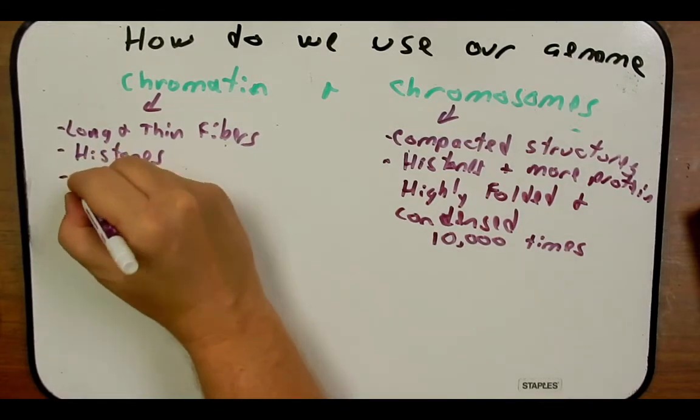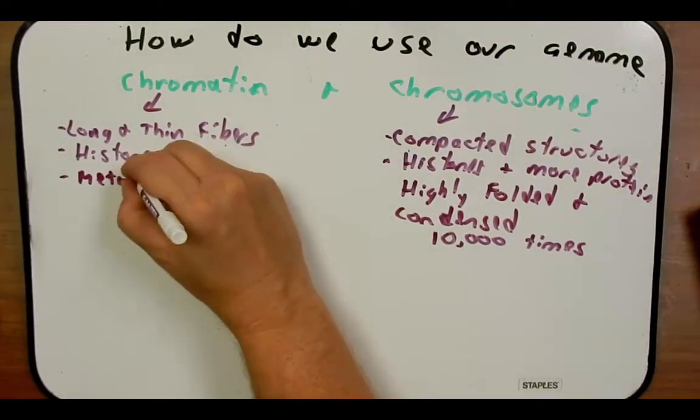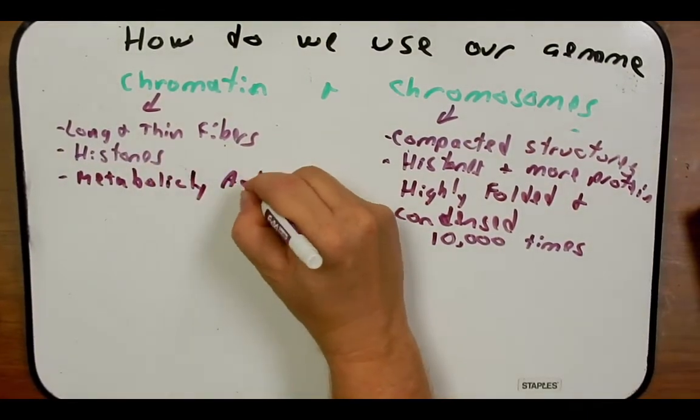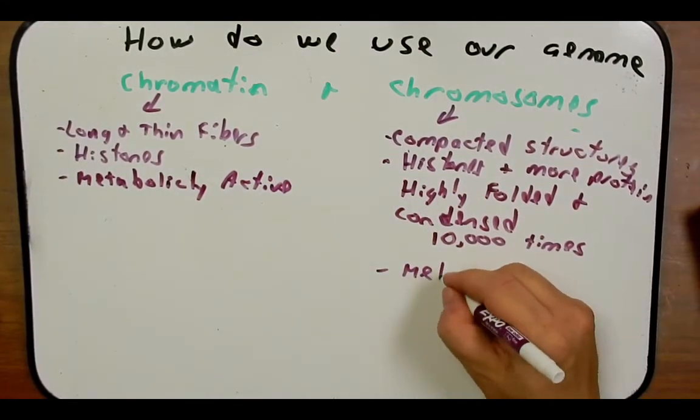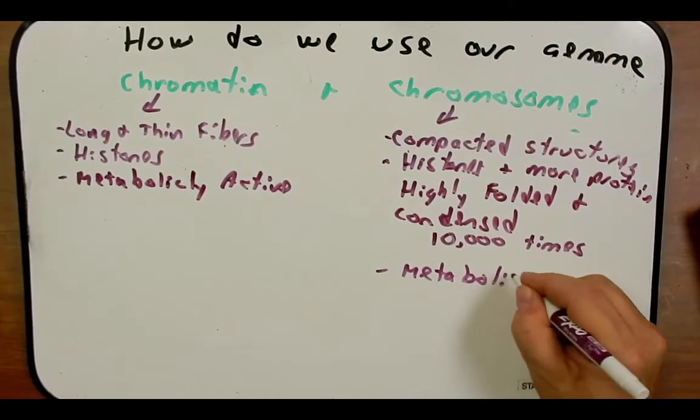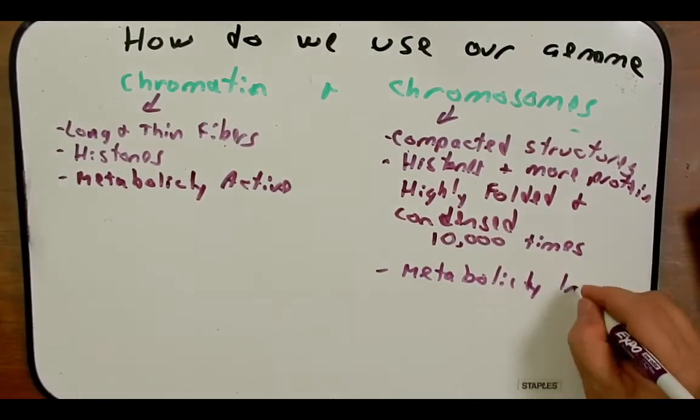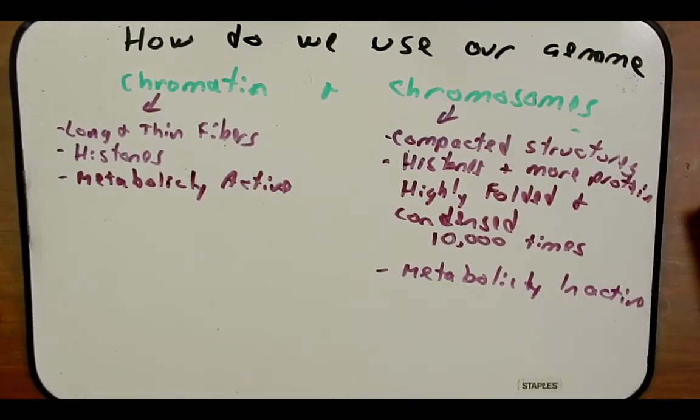In general, we think of chromatin as being metabolically active. And we think of chromosomes as being metabolically inactive. Chromosomes are found during M phase, as we said, and that's the time when we're segregating chromosomes. Very little DNA is being transcribed at that point.